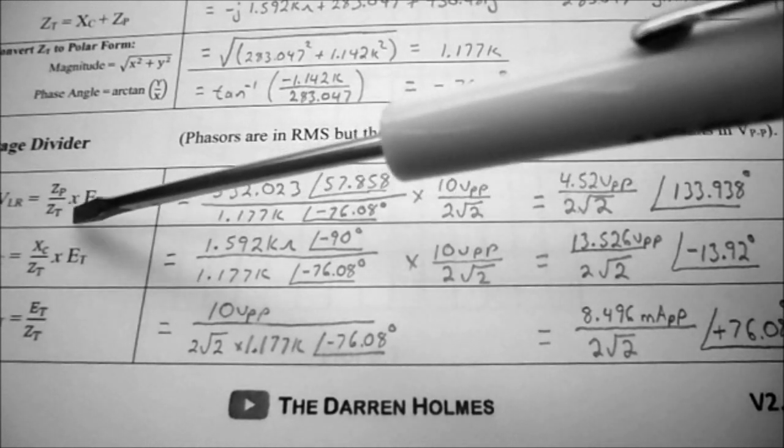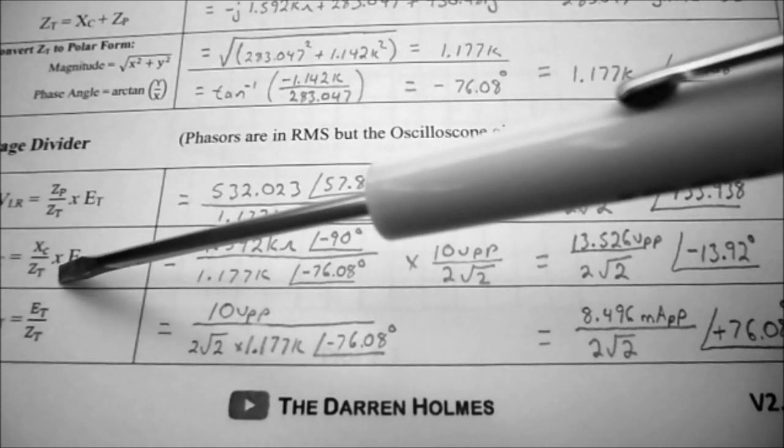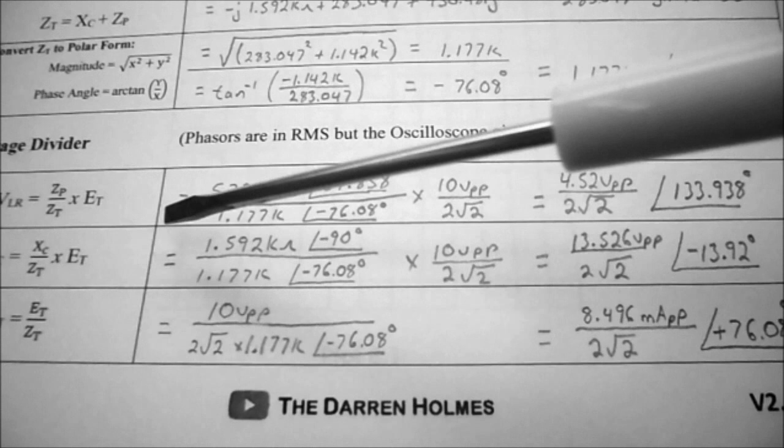VC is equal to XC over Z total times your applied voltage.